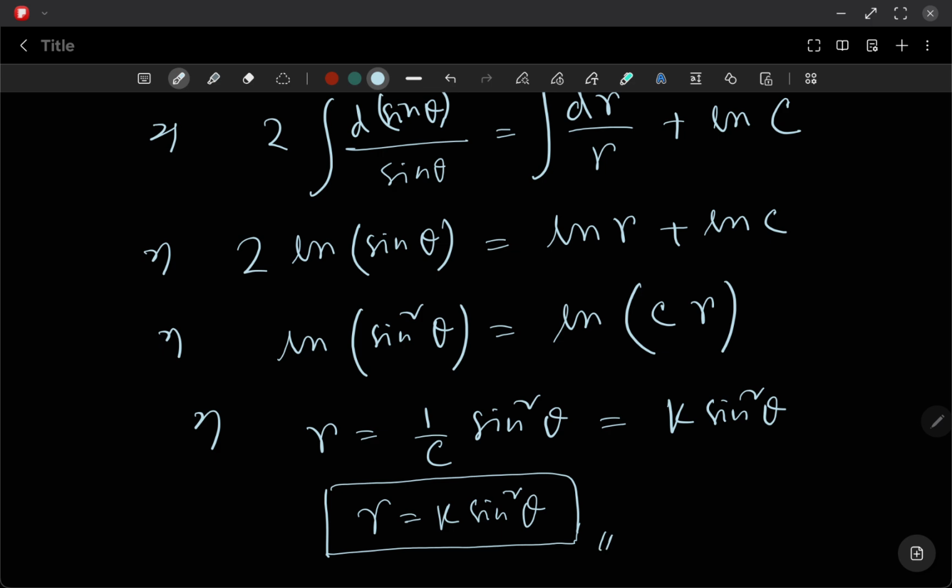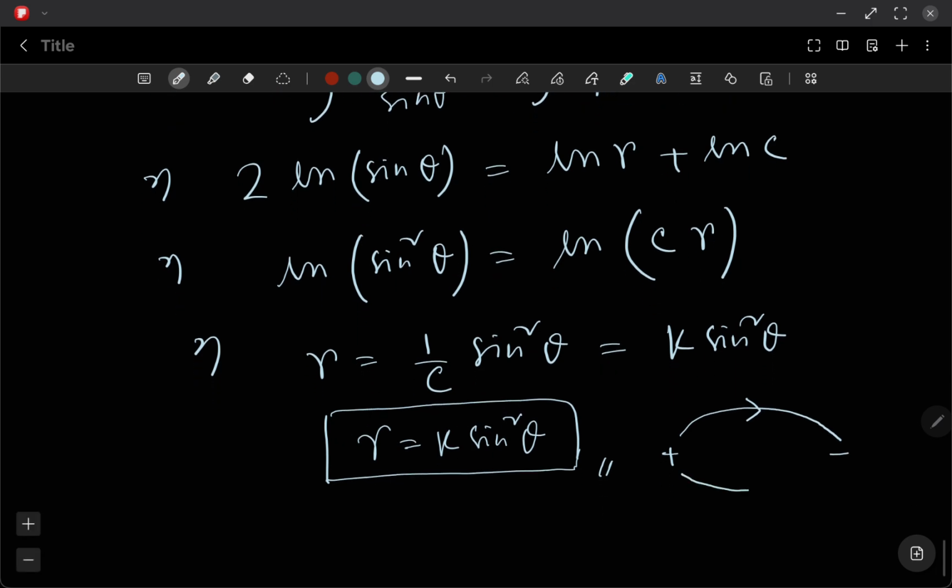Alright, clear? Plus minus. So the lines of force are like this. Actually these curves are like this. You have seen this figure a number of times.